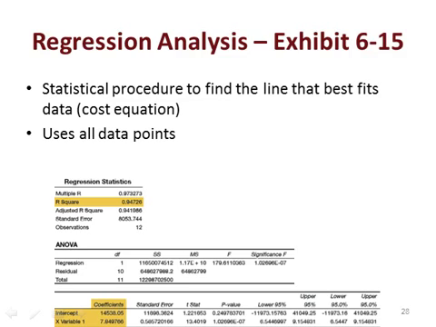So again, we're looking at a statistical procedure to find the line of best fit through data. We use all the data points and we end up, for our purposes here, with an R-squared, an intercept, and an x variable 1. So let's talk about how we interpret those.